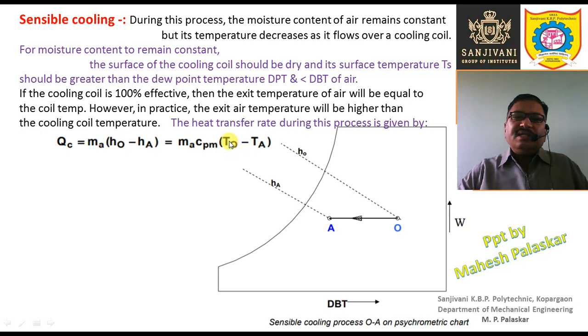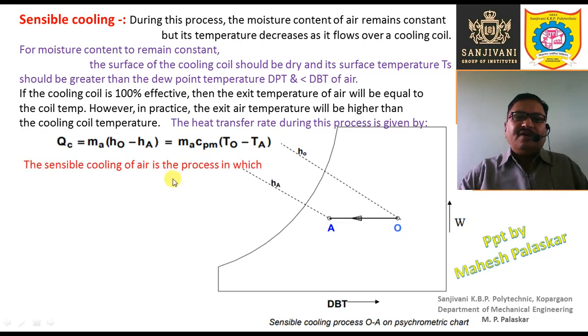So this is the initial dry bulb temperature, TO, the dry bulb temperature at point O at the initial condition, and TA is the dry bulb temperature at the final condition. So this equation can give you the heat transfer rate, or the rate at which heat is lost by the air due to sensible cooling.